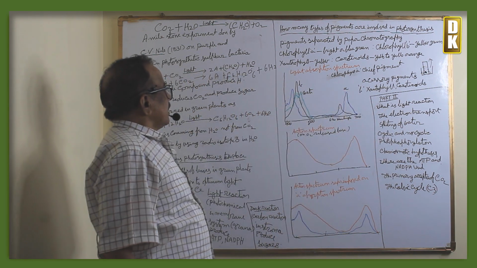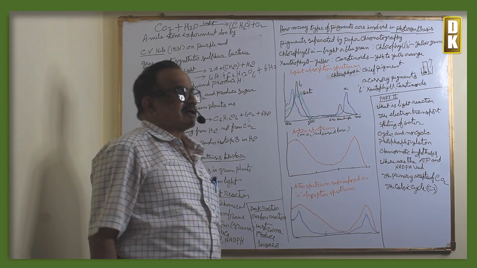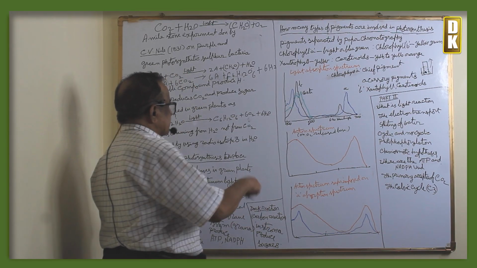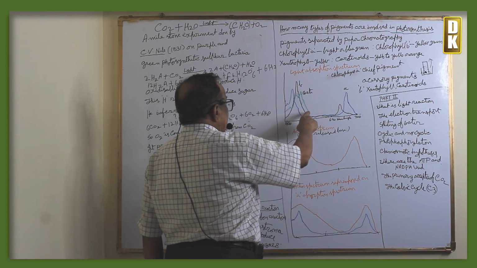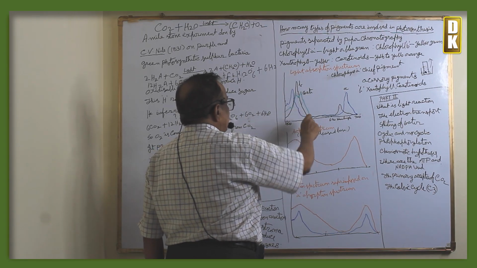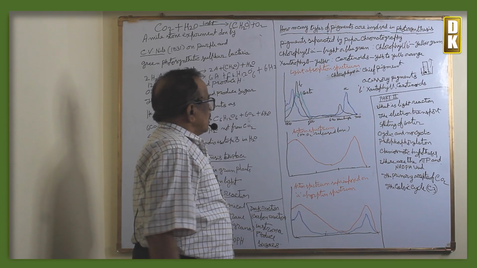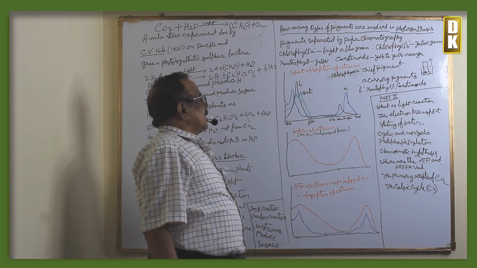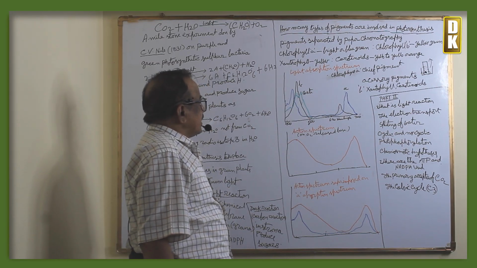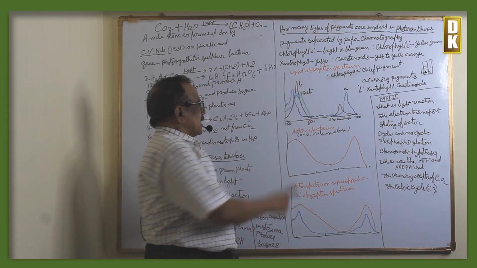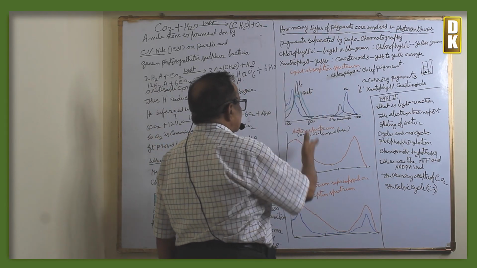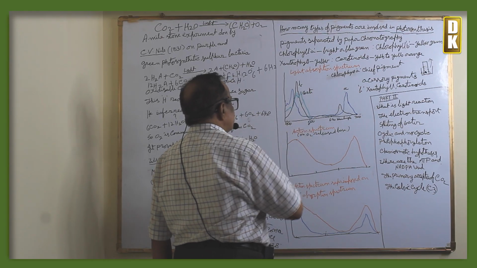Now one more thing you have to observe, which is important for NEET: the carotenoids absorb and then they disappear in the green itself. So carotenoids are not absorbing light in the red light, because the wavelength is not suitable for them.